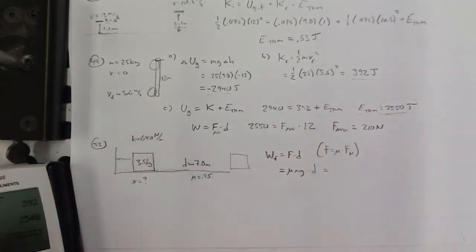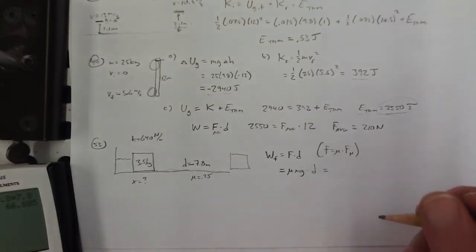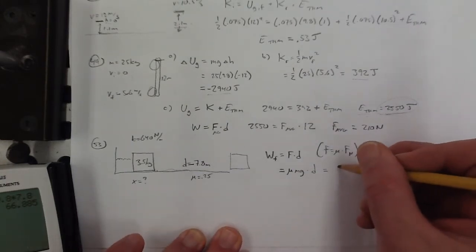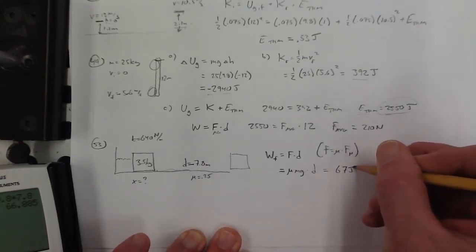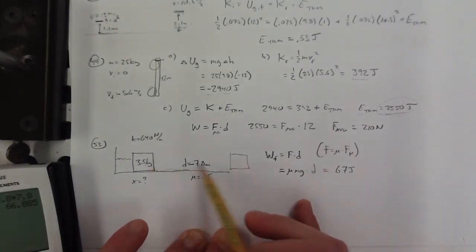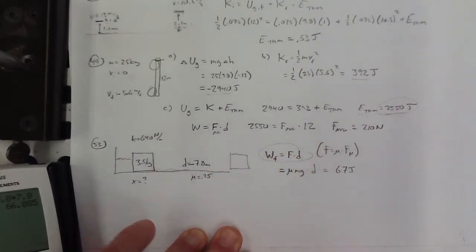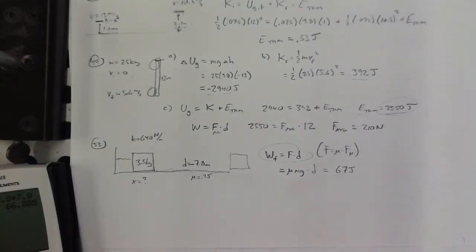So mu mgd, I think I've got all that stuff. So let's see, mu mgd. About 67 joules. That's all the energy that was lost. Friction tapping it out of the system, doing that negative work. Is that the answer for part A? Yes. So the increase in thermal energy is that, because it was lost from the block's kinetic energy.